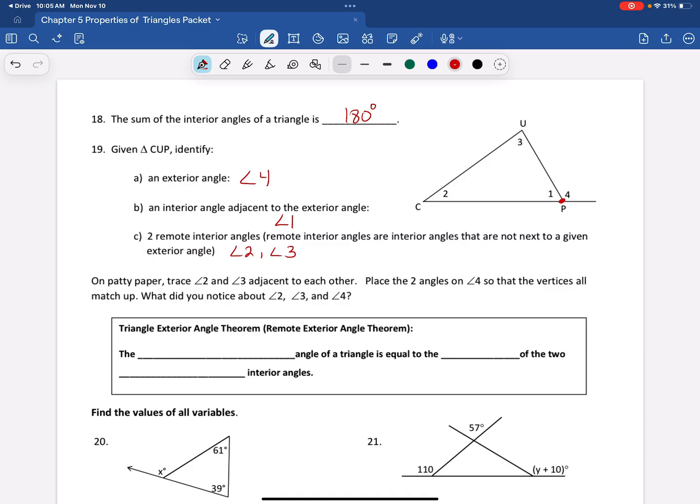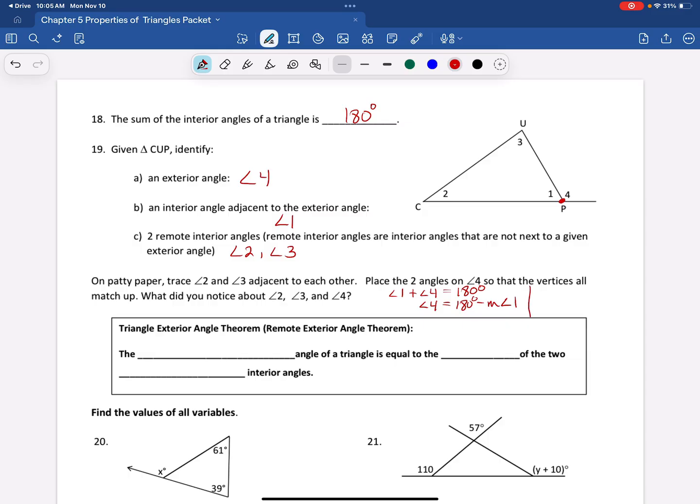I want to find out how big is angle 4, okay? So if I look at angle 4, I know that angle 1 plus angle 4 is 180 degrees. So I know that angle 4 is equal to 180 minus the measure of angle 1.